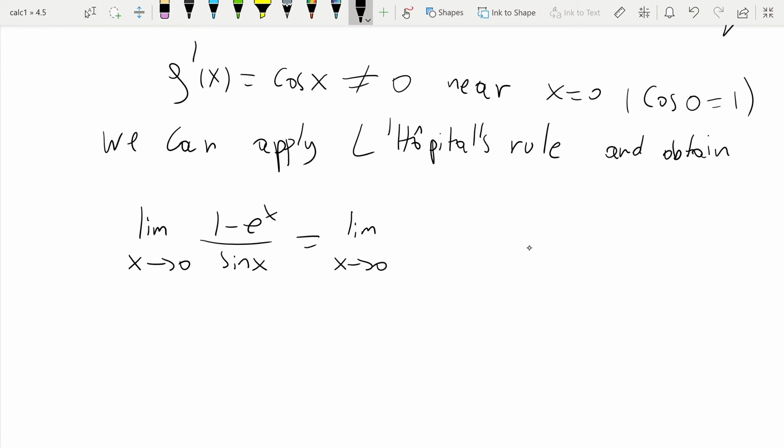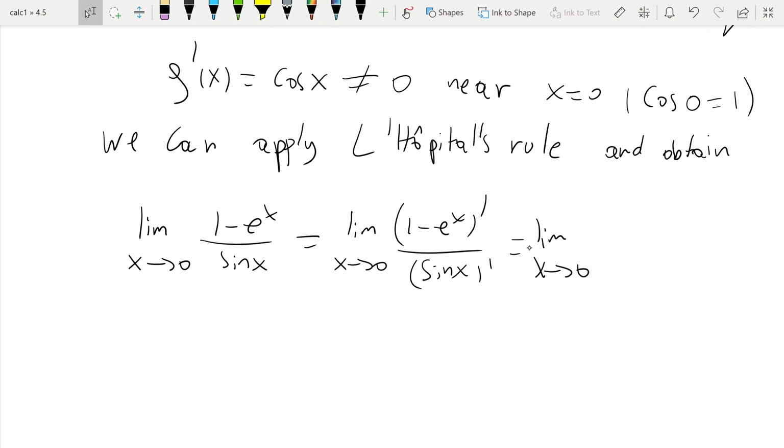So that's the derivative of 1 minus e to the x divided by the derivative of sine of x. And the derivative of 1 minus e to the x is minus e to the x. And the derivative of sine is cosine of x.